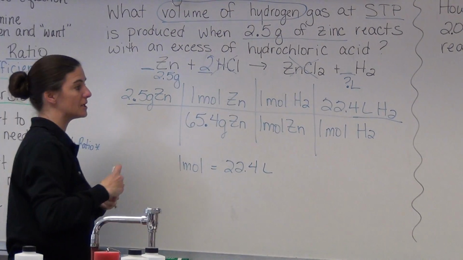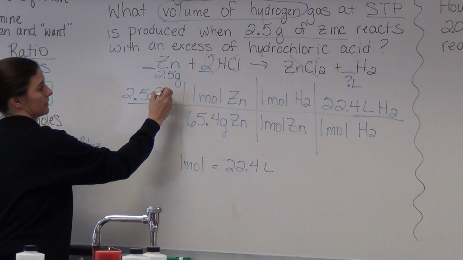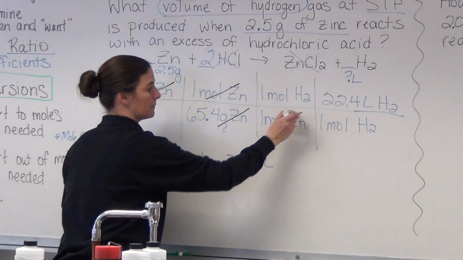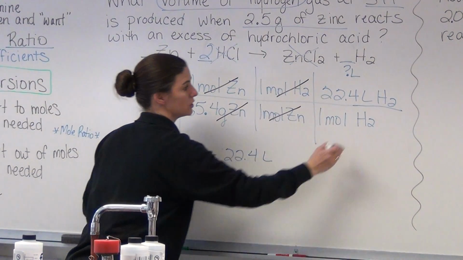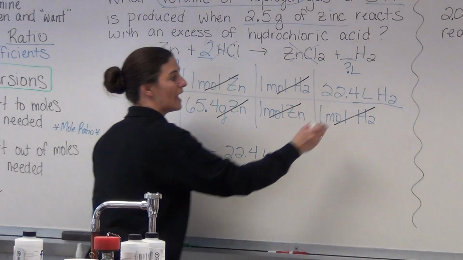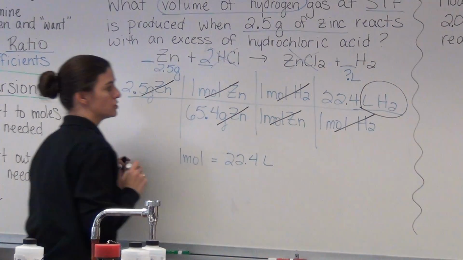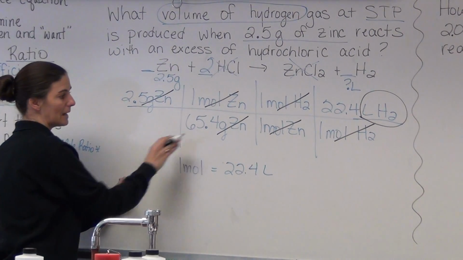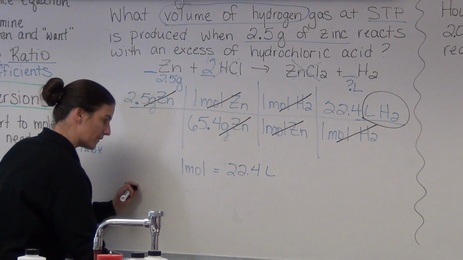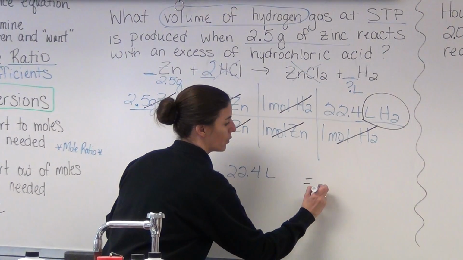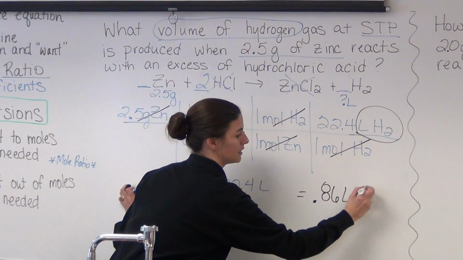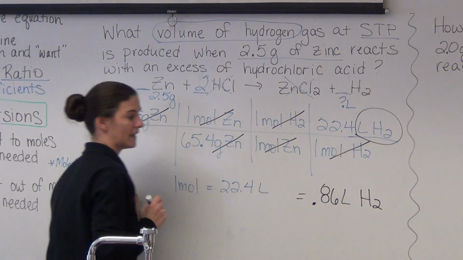We can go back, make sure all of our units cancel out. That's why it's important to write grams, moles, moles, moles of H2 to moles of H2, and we're left with liters of H2. Multiply everything on the top, divide by the bottom, and we're going to get our final answer of 0.86 liters of H2. And that's your answer.